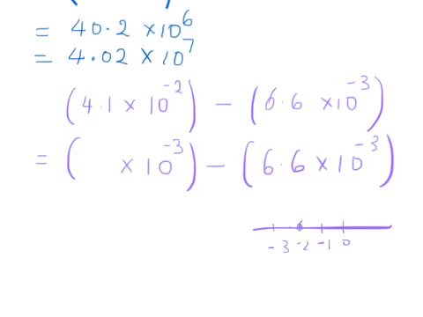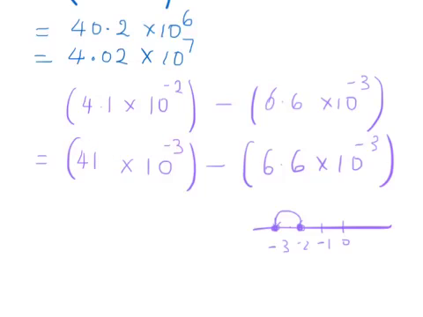It's going from here to there. So the number's going to the left. It's getting more negative. And therefore, because this has gone smaller, if you like, this must get bigger to compensate. And we've got bigger by 1, so we move the decimal place by 1. And that goes by 1, so it goes to 41.